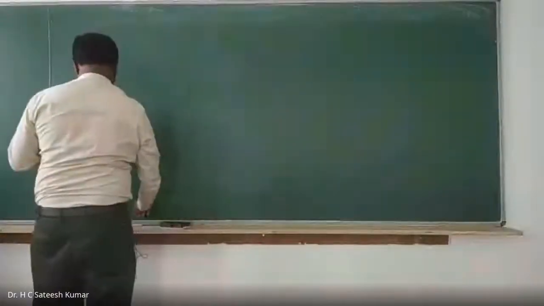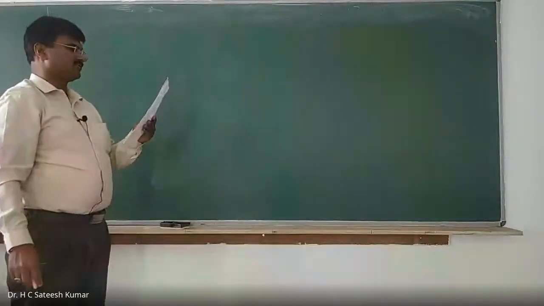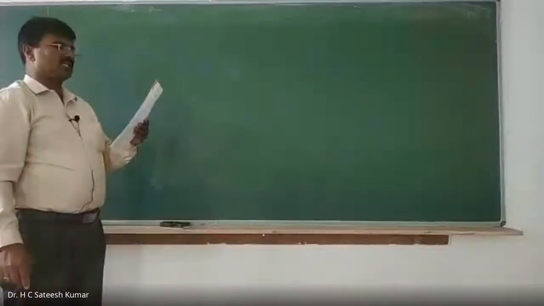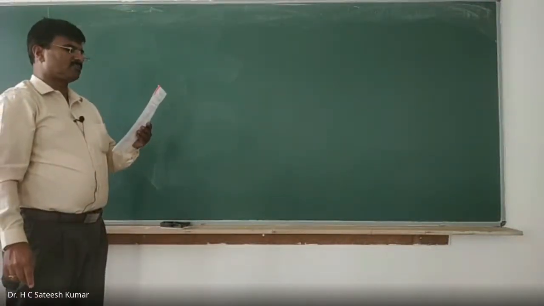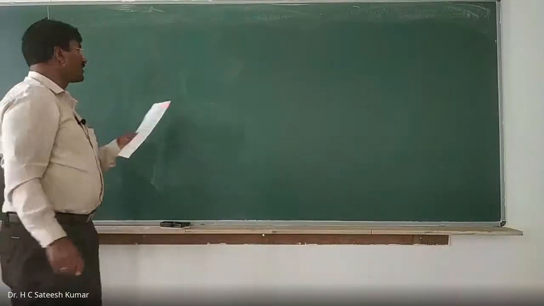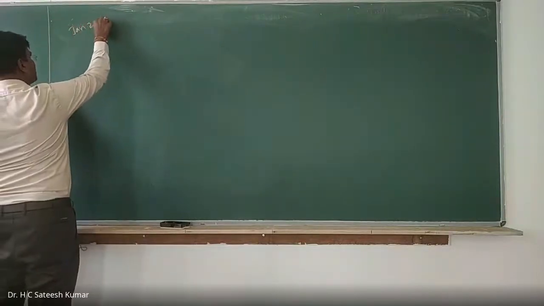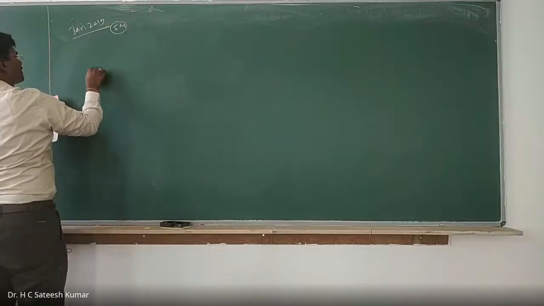Another problem from the same paper. The question is something like this. For the network shown in figure, determine the Norton's equivalent across AB. Find the current through the impedance 6 minus 8J connected to the terminals A and B. 5 marks question. January, same paper. The question is with complex values.